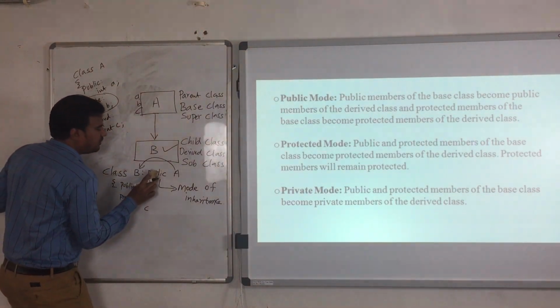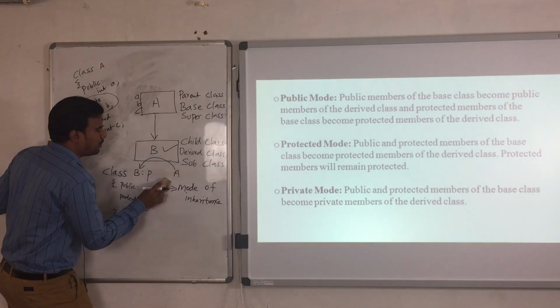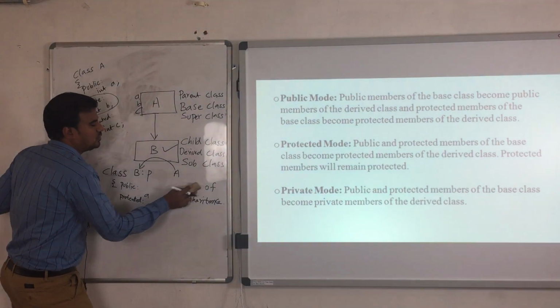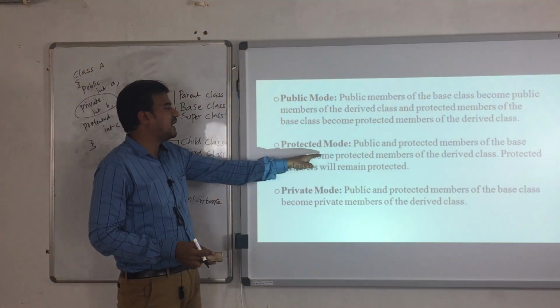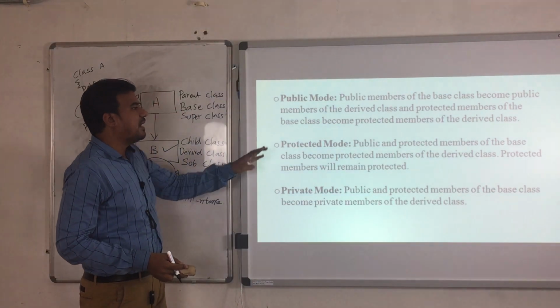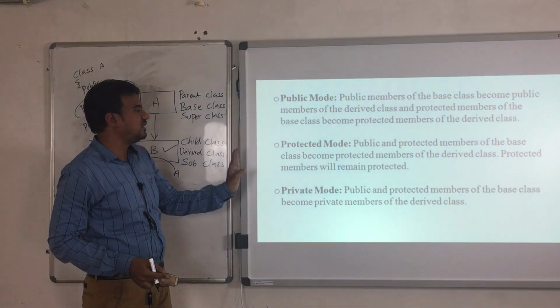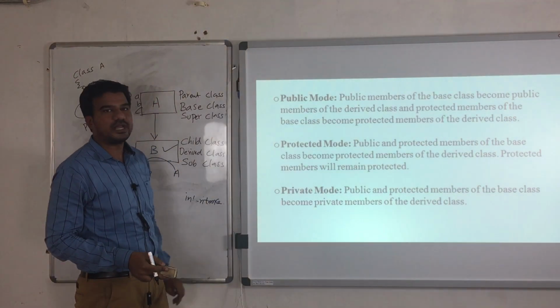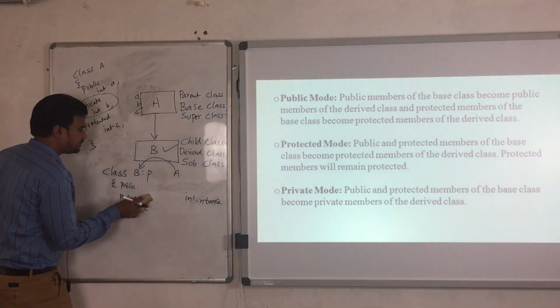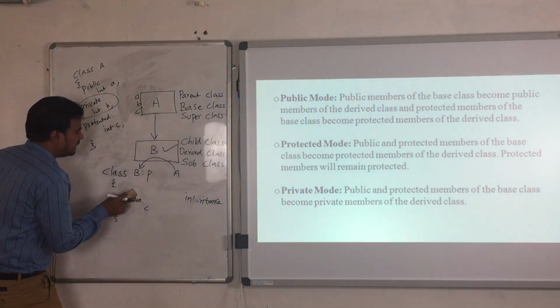Next, if the mode of inheritance is protected, you can see over here. If the mode of inheritance is protected mode, public and protected members of the base class become protected inside the derived class.